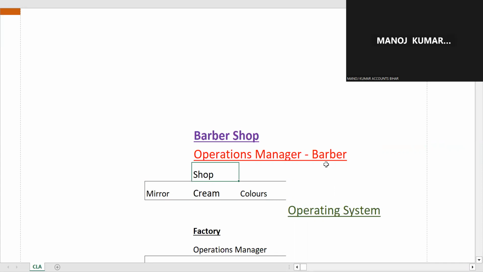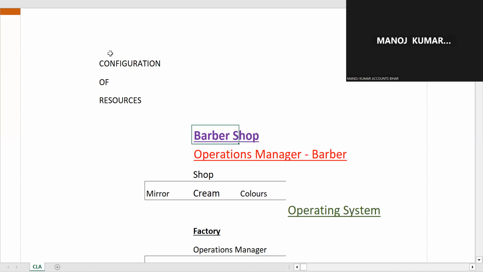Operating system will be a configuration of resources. That means some resources you will bring together, say a receptionist, the office building, and then attached to it a factory. This will be your operating system.